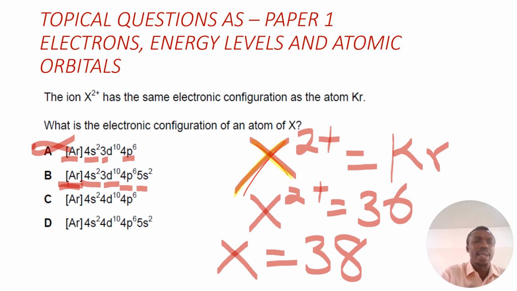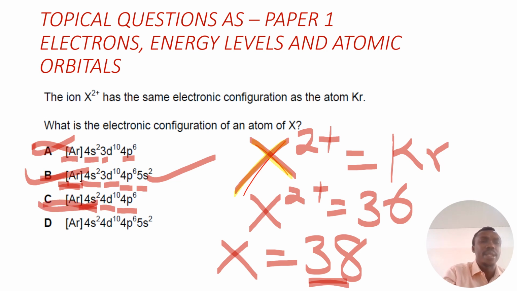So I think the correct answer to this question is B, because it follows the Aufbau principle, and it also has an electronic configuration with 38 electrons. If you look at C, C is not the answer because it doesn't follow the Aufbau principle. There's a deviation from the Aufbau principle. If you look at D, it doesn't follow the Aufbau principle also. So D is not the answer. So the correct answer to this question is B.